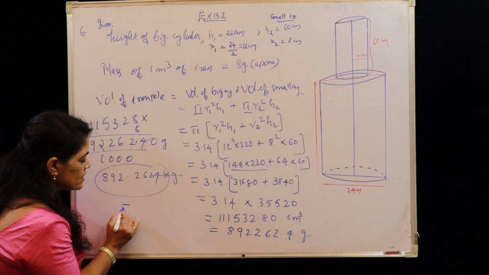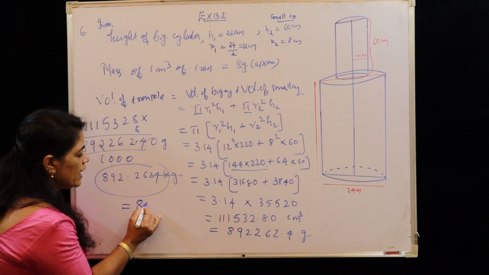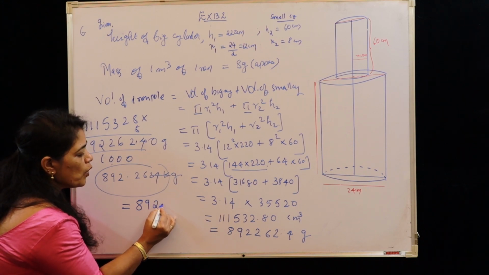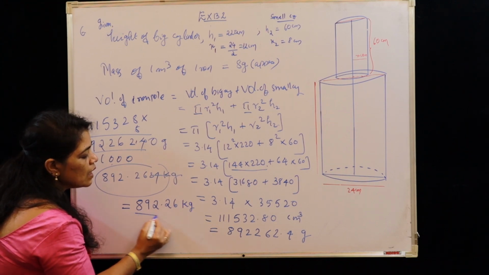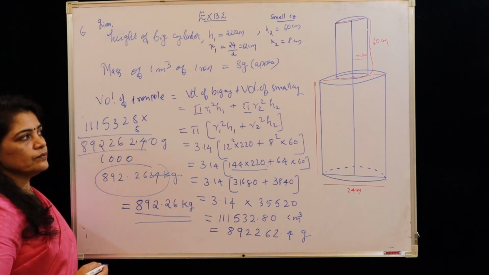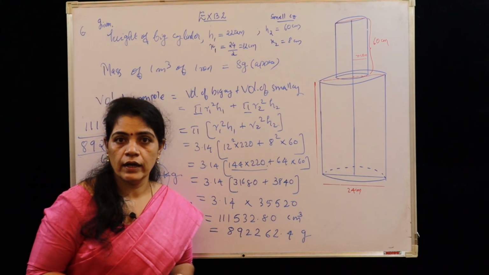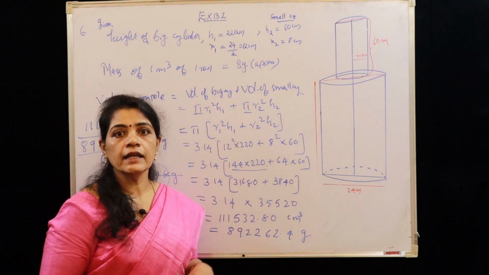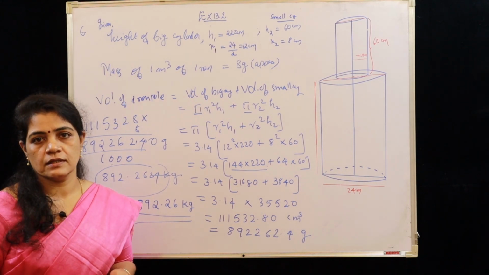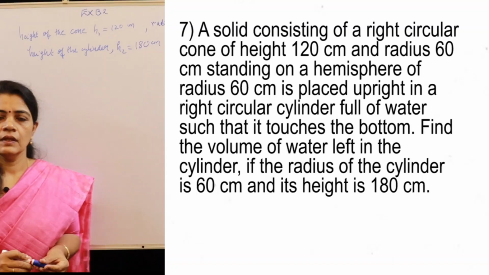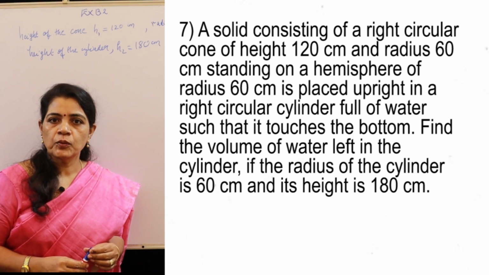So the final answer will be 892.26 kilogram. This is the mass of the entire solid iron pole in kilogram, that is 892.26. Clear? Now we are moving to the 7th problem.